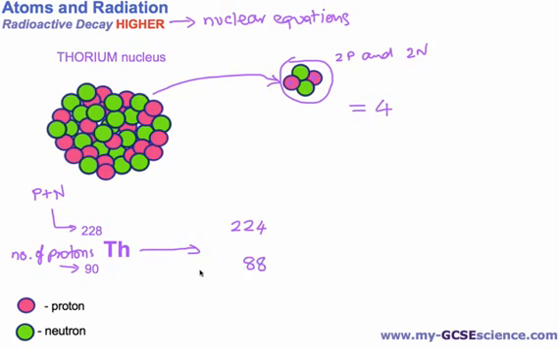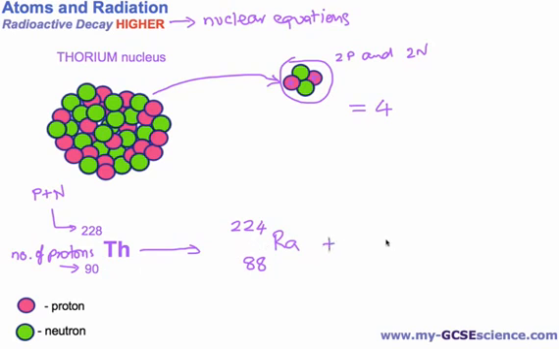And remember, if you change the proton number, or if there is a different proton number from an element, it's no longer the element that it was before, it's a brand new element. So in this case the element is radium. It's an element called radium, so this actually has become a brand new or different element. So what we end up with is, we started with thorium 228, 90, we now have 224, 88, and we have our alpha particle.